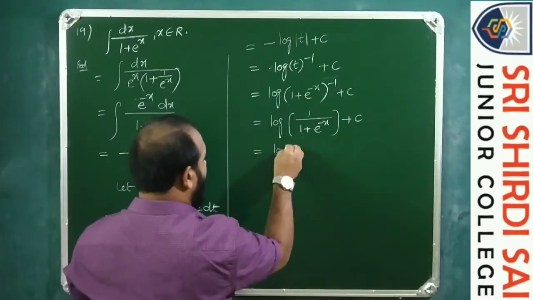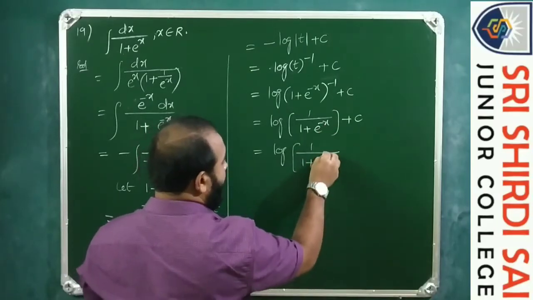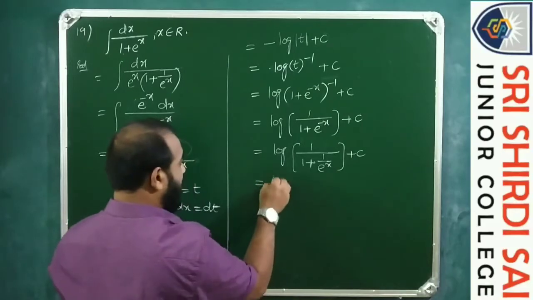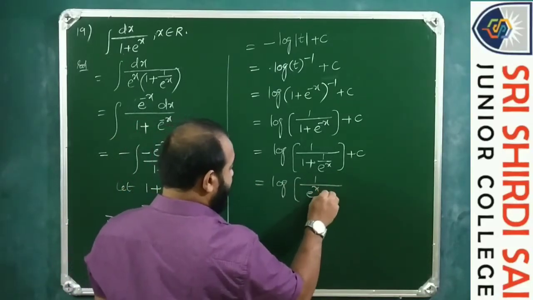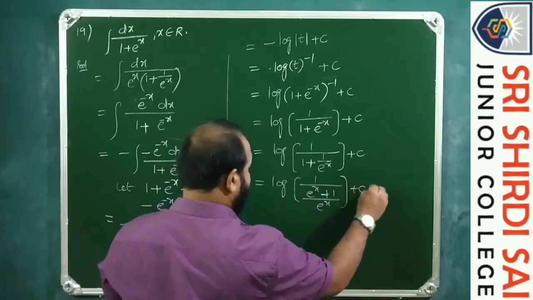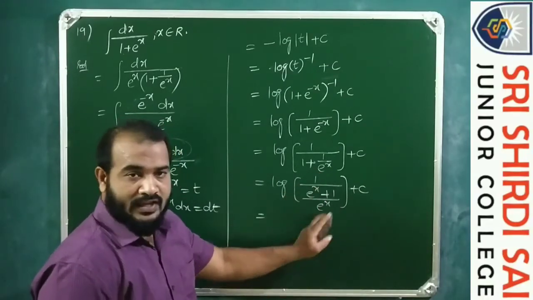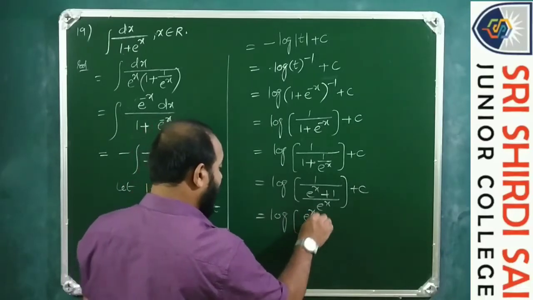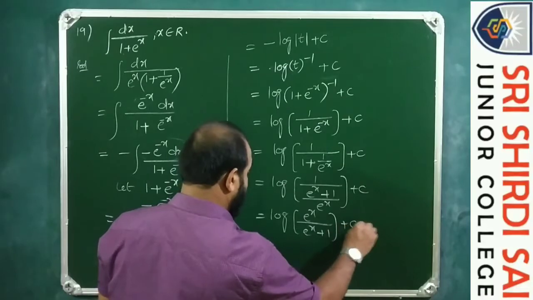So this is log 1 by 1 plus e power minus x, which is 1 by e power x, plus c. So this is log 1 by, so LCM is e power x plus 1 by e power x, plus c. So 1 by a by b is b by a. So this is log e power x by e power x plus 1, plus c.